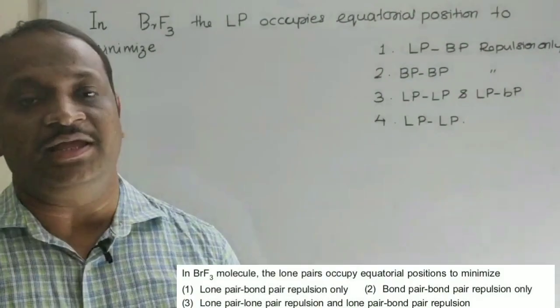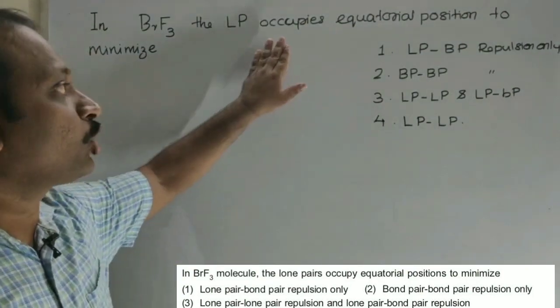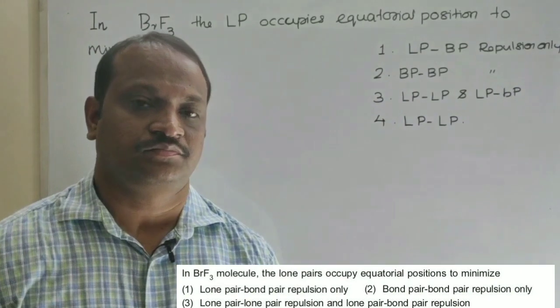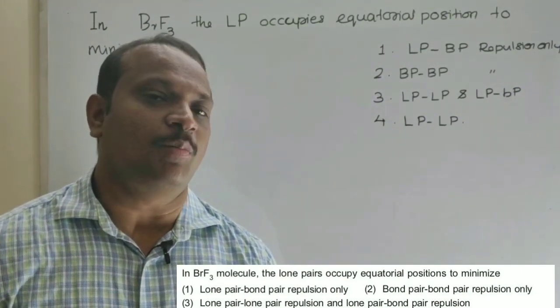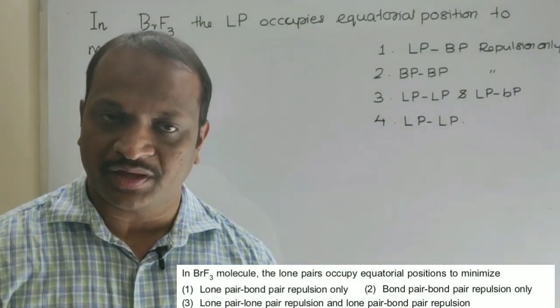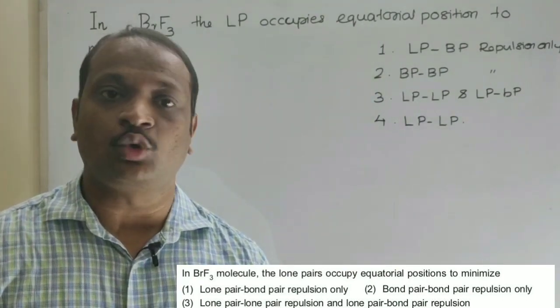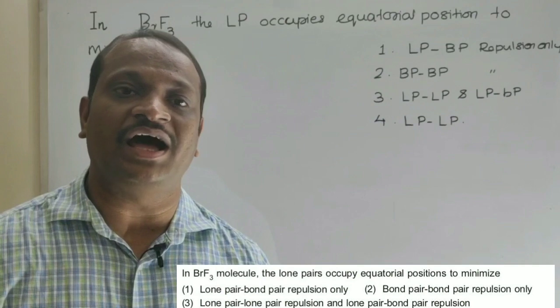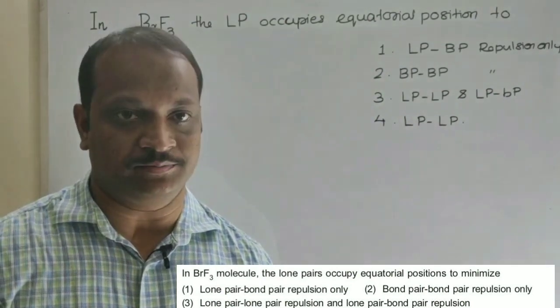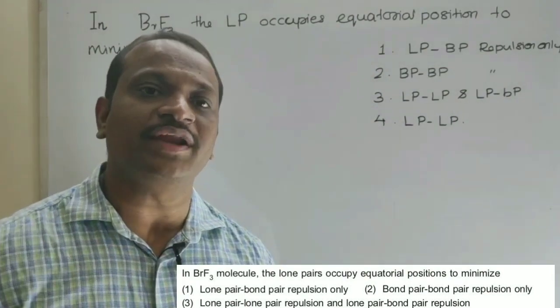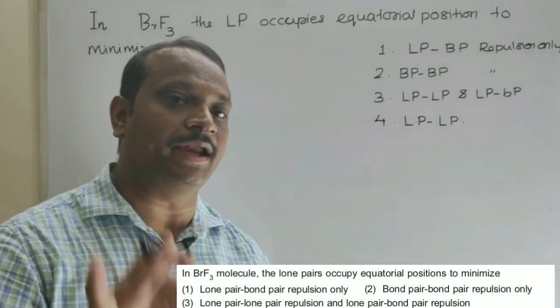In BrF3, lone pair occupies equatorial position to minimize repulsion. You know what is the geometry of BrF3 molecule and hybridization of BrF3? See, I have told about the method of how to calculate hybridization and the geometry earlier. Right now, please try to understand this compound is an example of AB3L2 type.